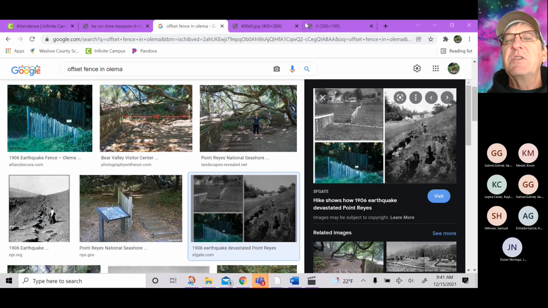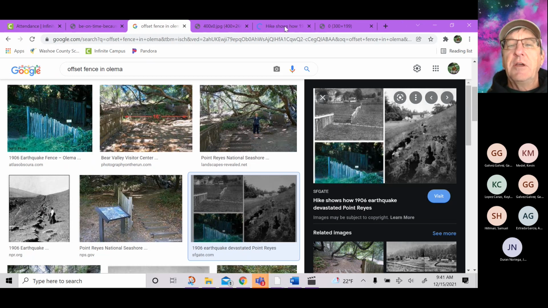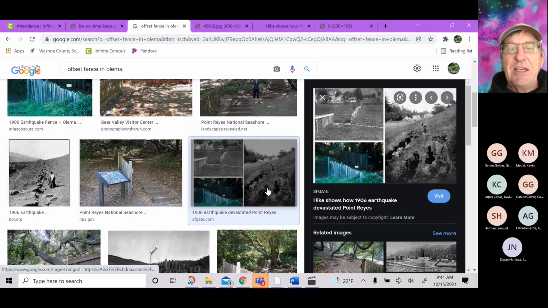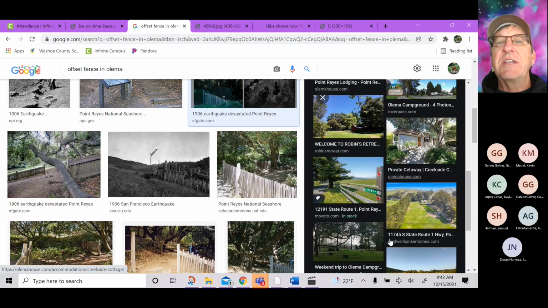So this fence was not broken apart in the past. It was one straight line. And the earthquake, it's kind of incredible. It didn't knock the fence down. Instead, it just offset the fence and split it into two sections.